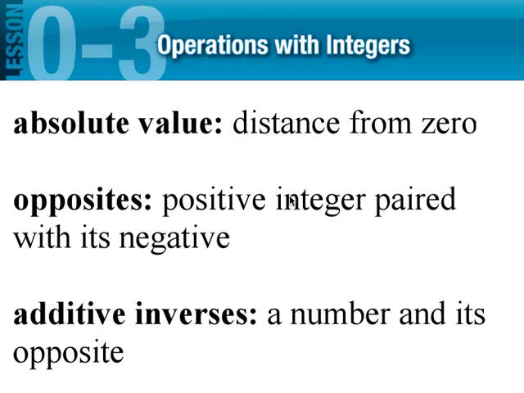What did they always tell you your answer was? Positive, right? The reason why it's always positive is because absolute value means distance.